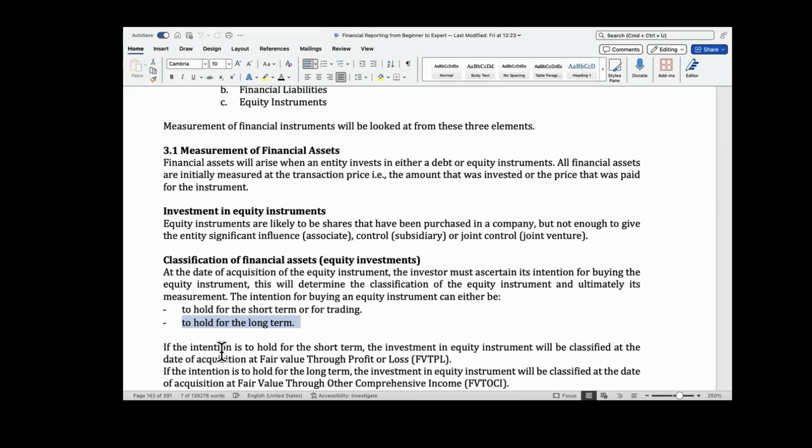Because if your intention is to hold these shares for the short term, then that investment in equity is going to be classified at the date you bought it, at the date of acquisition, at what we call fair value through profit or loss. Fair value through profit or loss, if your intention is to hold it for the short term or for trading.